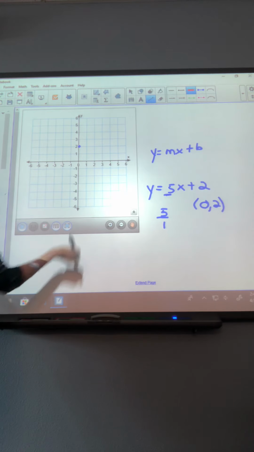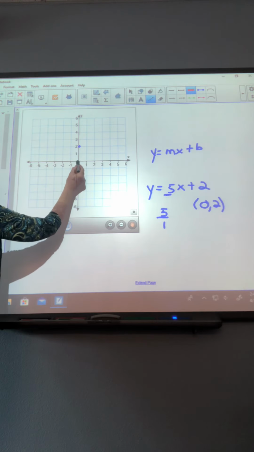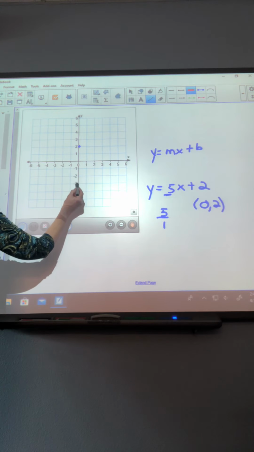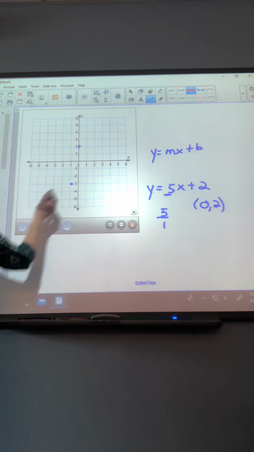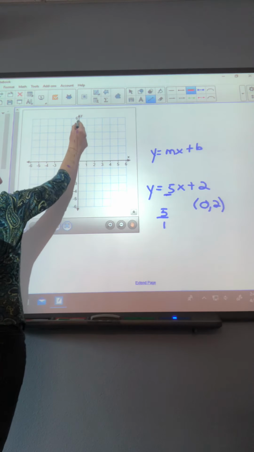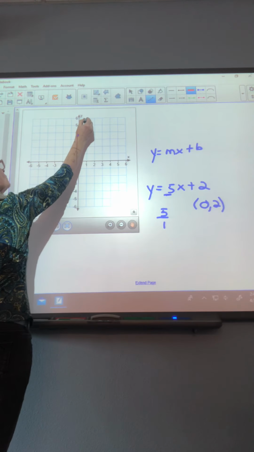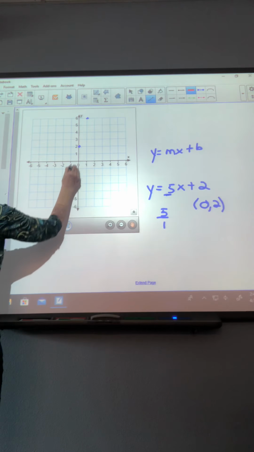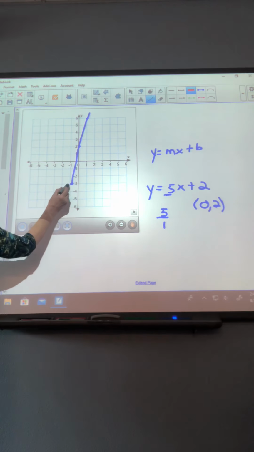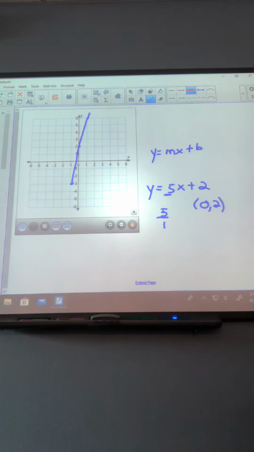This again is another positive slope, so we go 1, 2, 3, 4, 5, and then I'm going to go to the left 1. And then I could find another point by rising 5, 1, 2, 3, 4, 5, and over to the right 1. And then you could connect your points. And you can see that you have a positive slope that's moving upward.